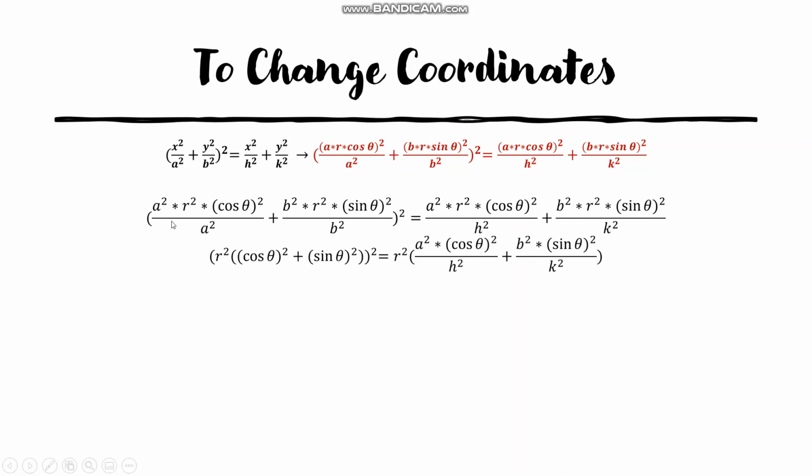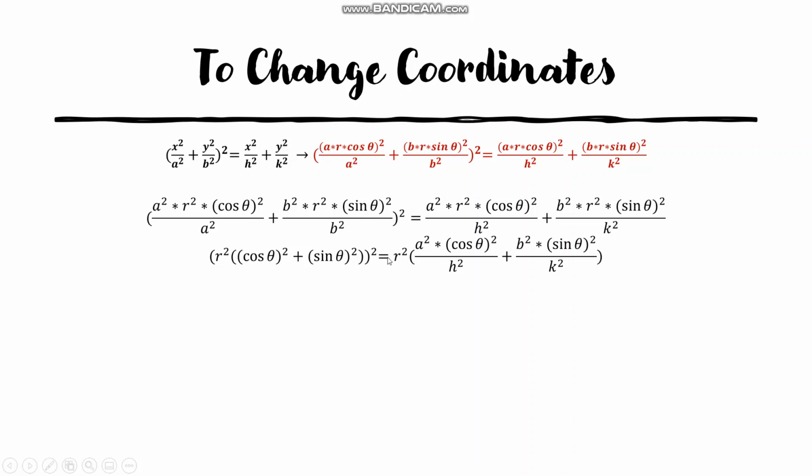Here, a and b cancel each other. Also, we will put r squared out of the brackets. And here, cosine theta squared plus sine theta squared, as we know, equals 1.